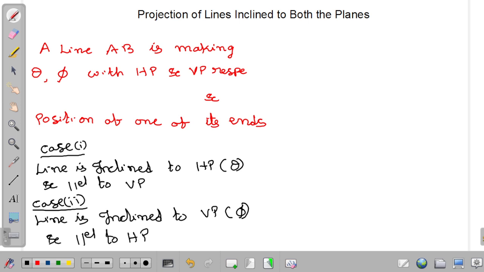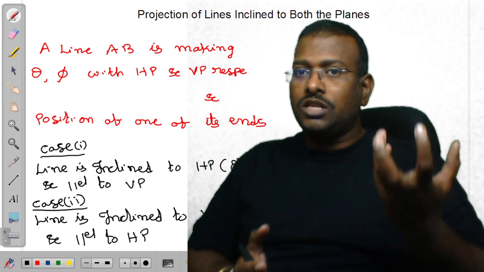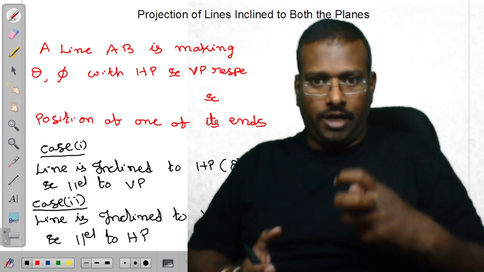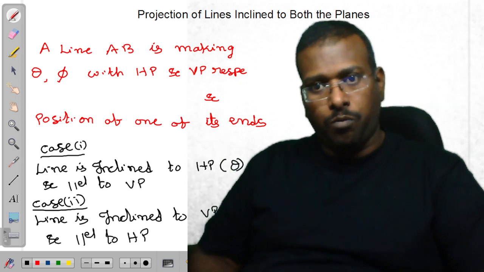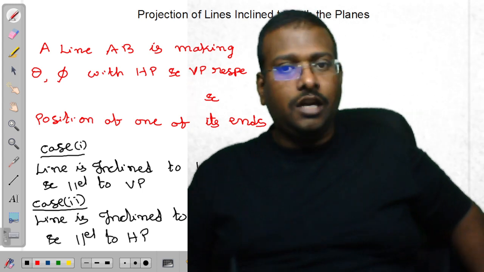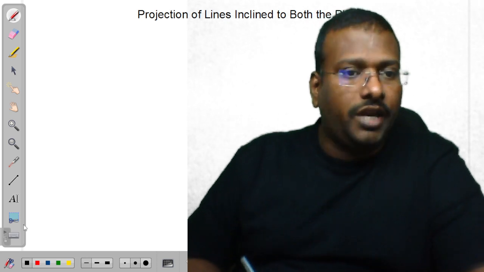This is the second case we can consider. From these two cases, whatever points we remember, finally we can get the line inclined to both the planes. So in order to get the complete idea, here I am going to use certain notation.